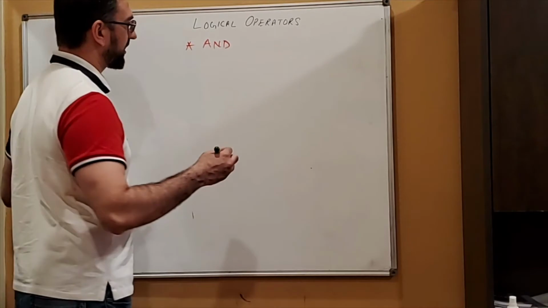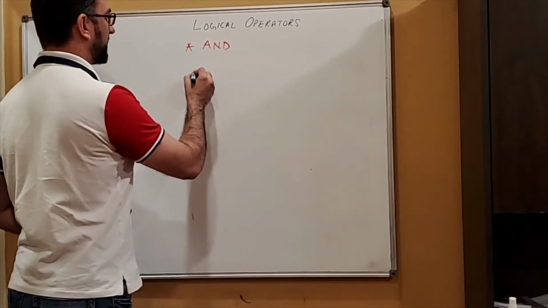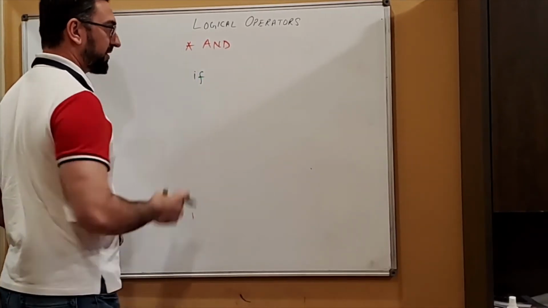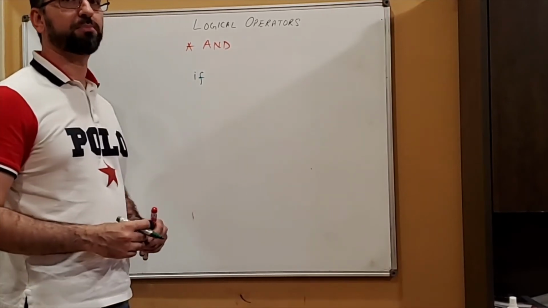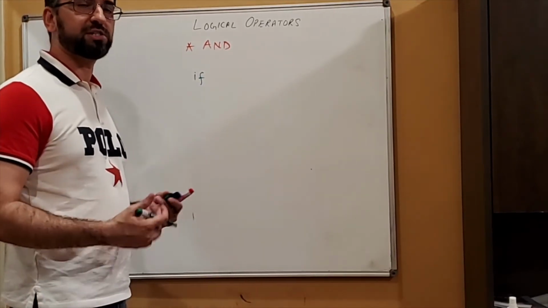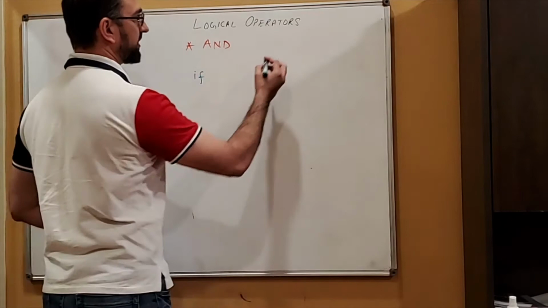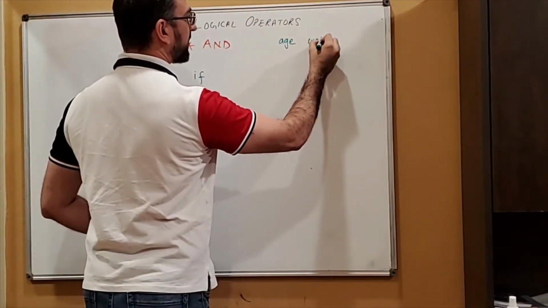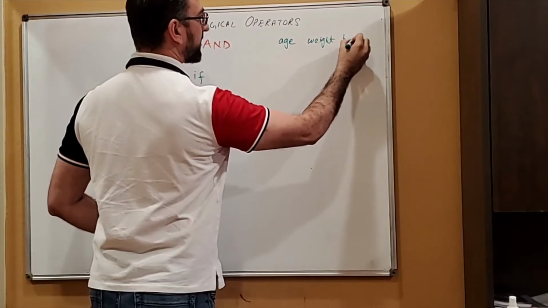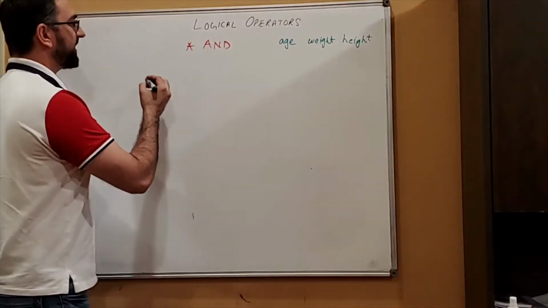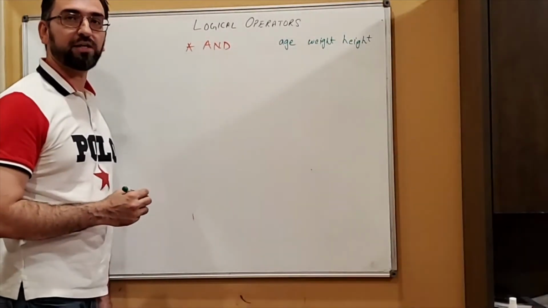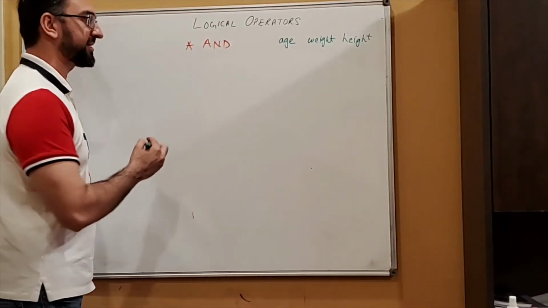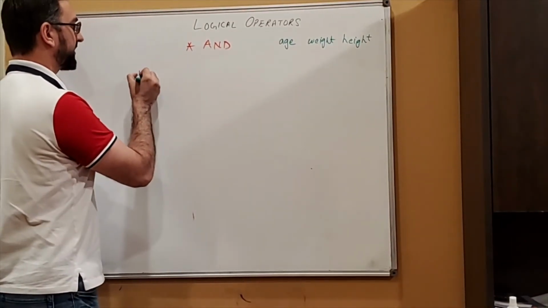So again, let's suppose we have a program which evaluates a person who wants to ride a roller coaster which is meant for kids, and it takes into account age, weight, and height. Let's see how we can simplify the nested if-else logic that we had in the previous example using the logical operator AND.